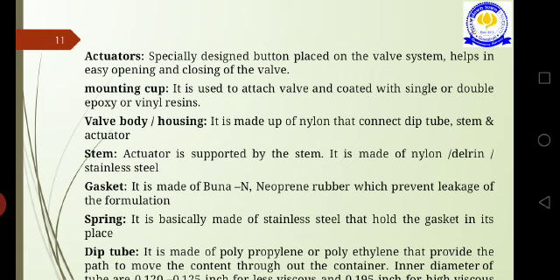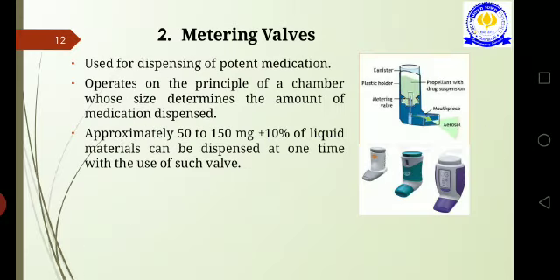The inner diameter of this tube may vary based on the viscosity of the content. In case of lower viscosity, 0.120 to 0.125 inch will be the inner diameter, and in case of high viscosity, 0.195 inch would be the diameter of the dip tube.